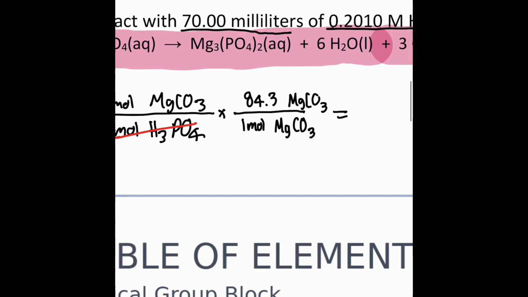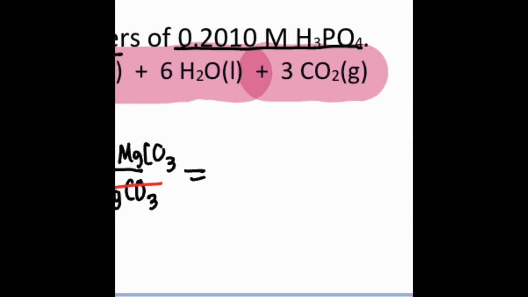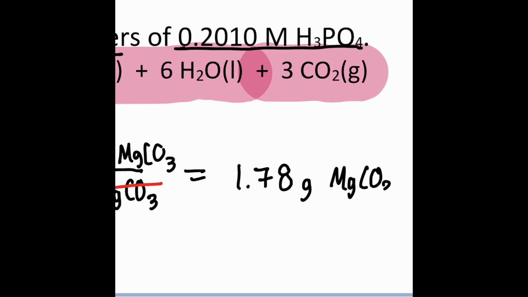We will be left in units of grams of magnesium carbonate, and that will be our answer. So plug and chug. 0.201 times 70 times 3 times 84.3 all over 1,000 times 2, and we get a value of 1.78 grams of magnesium carbonate, and that will be your answer.